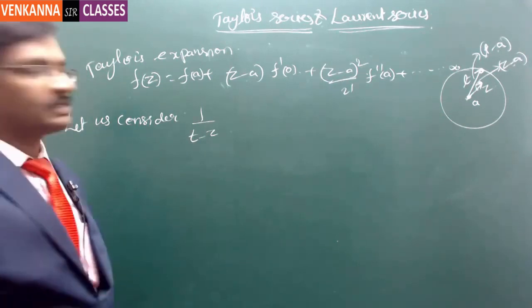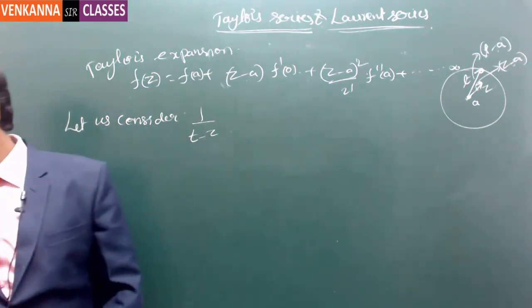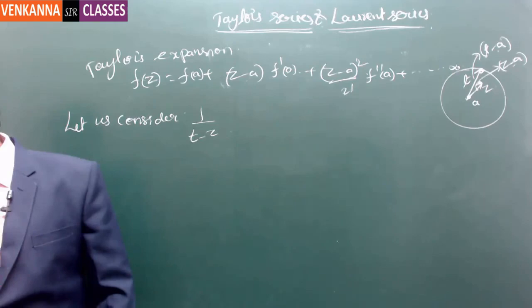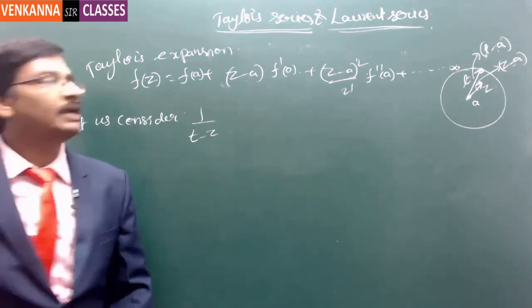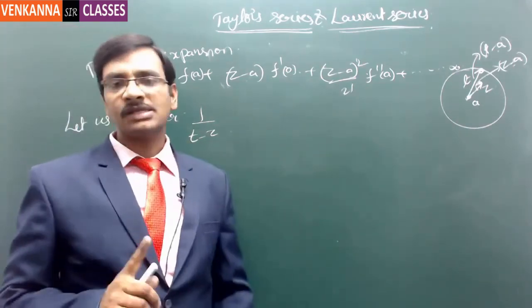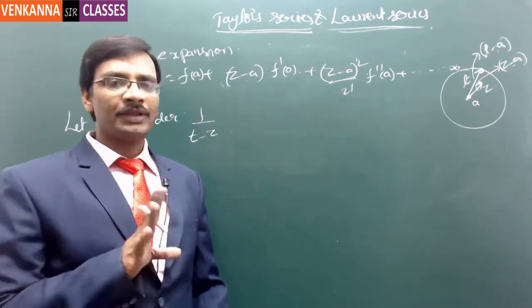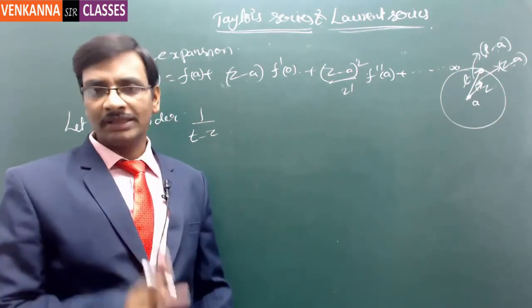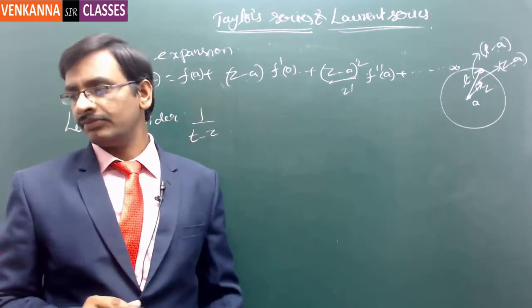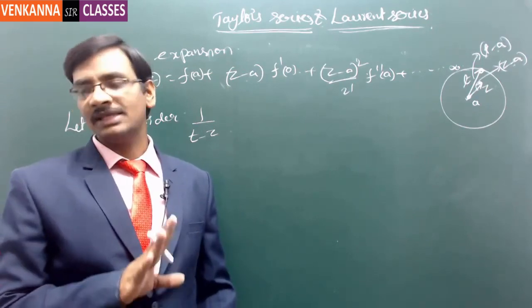If you consider this, here a is... in complex analysis, whatever constant or variable you can think of is always a complex number. You cannot find even a single real number.